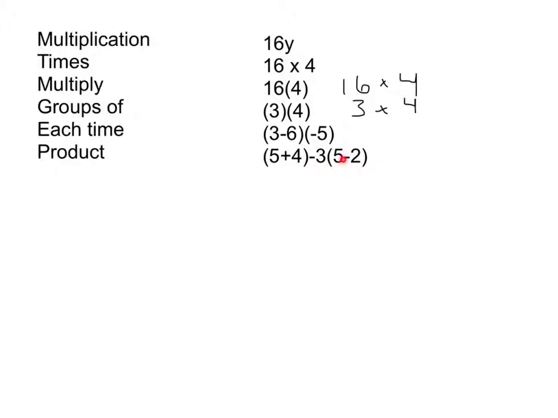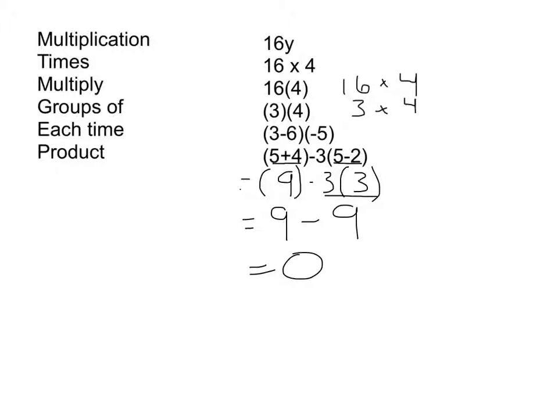Number in front, you multiply. That's an operation. The way we would solve this is brackets first, 9, take away 3 times 3. So I solved those brackets and these brackets. 9, take away 3 times 3 is 9. I solved that, and you have 0.